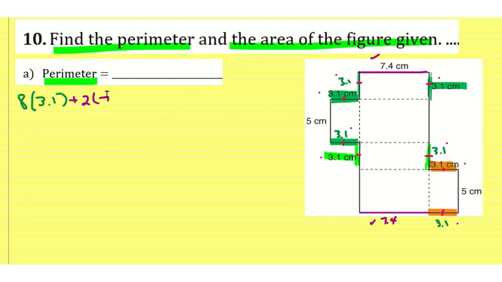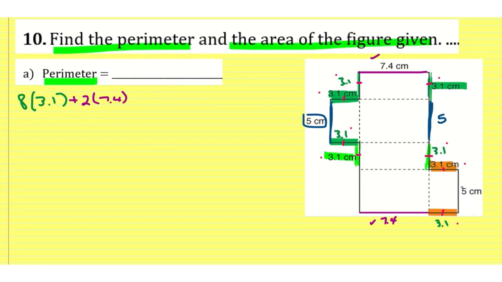Okay, so what else do we need to label in our figure? Let's look at 5. Here is 5, and that's for this length right here, this 5 length. And this matching side over here is also 5. So we're going to label that 5.